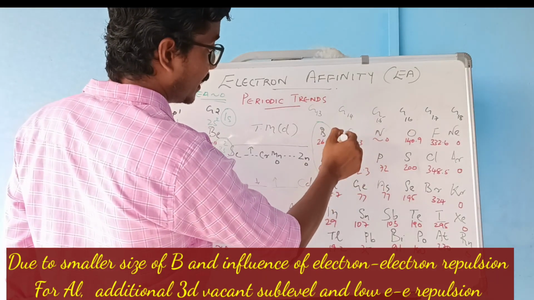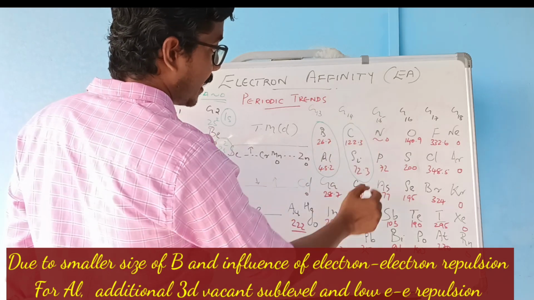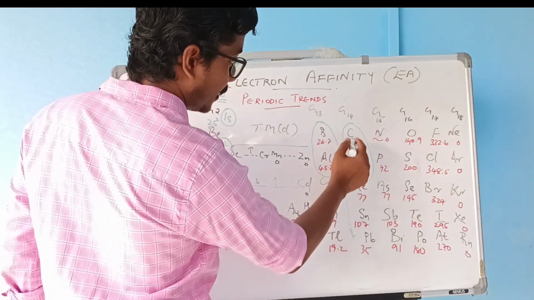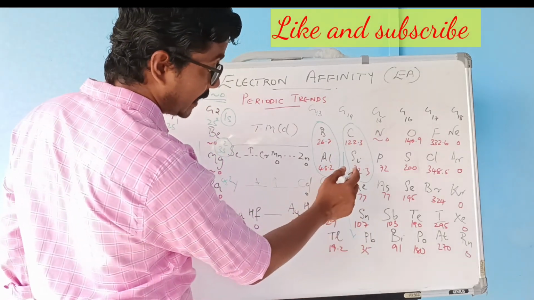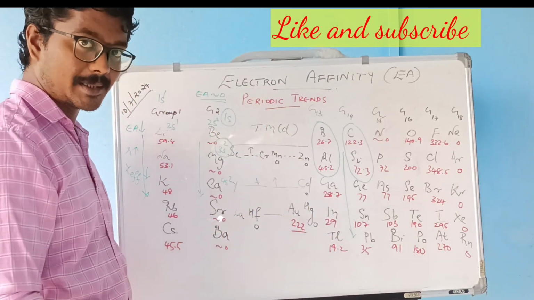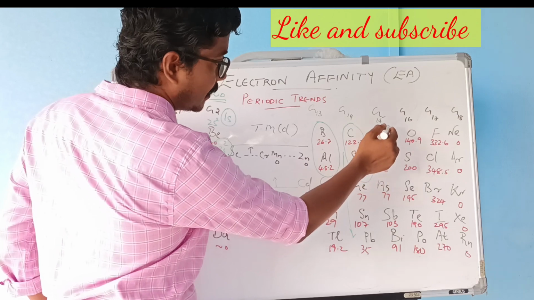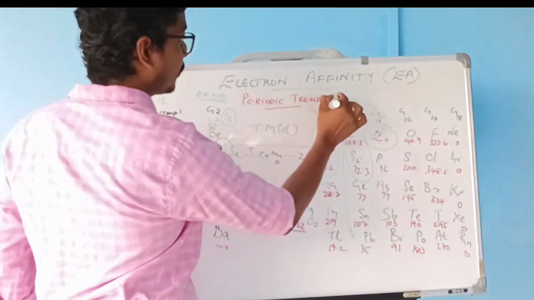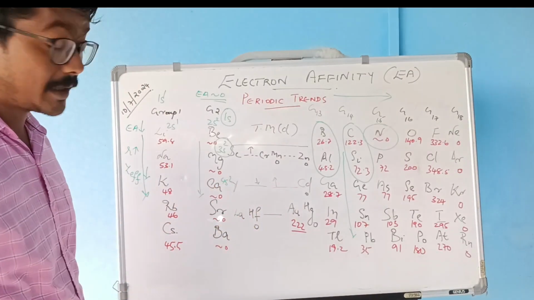And in the case of silicon and carbon, moving down a group, in the carbon family, we can see that the electron affinity decreases down a group. So in the case of nitrogen, see nitrogen across a period. So down a group, electron affinity decreases.